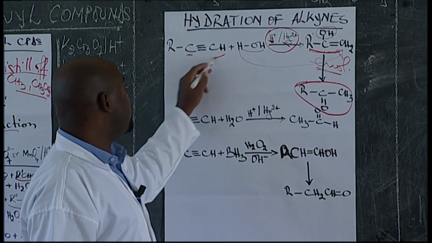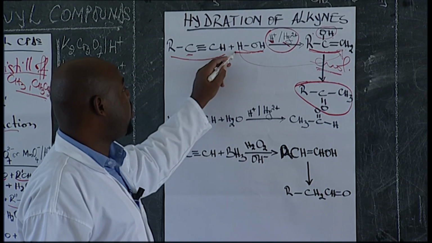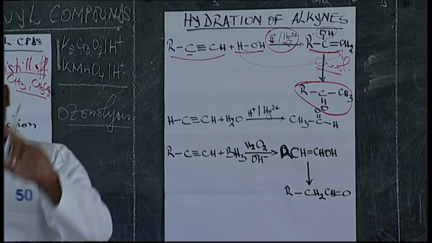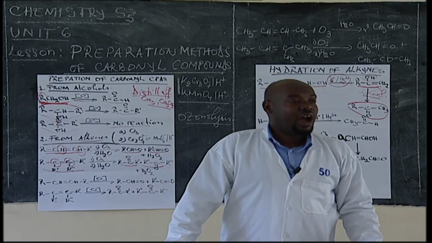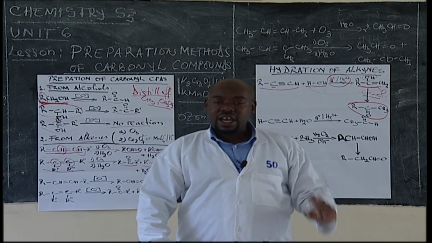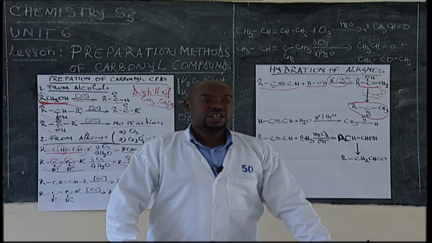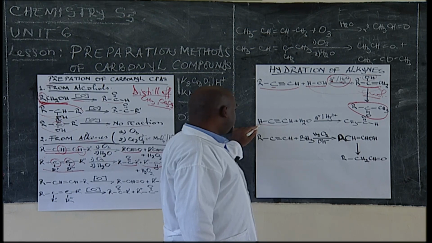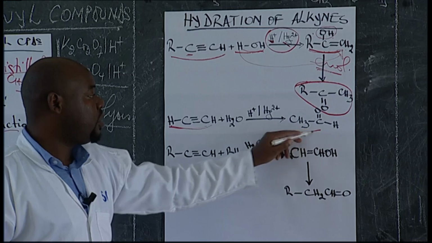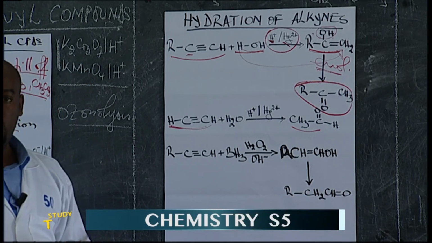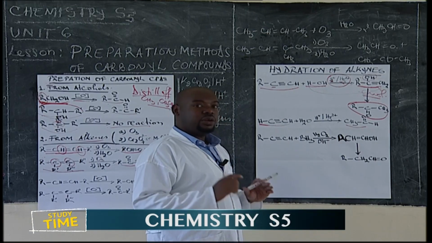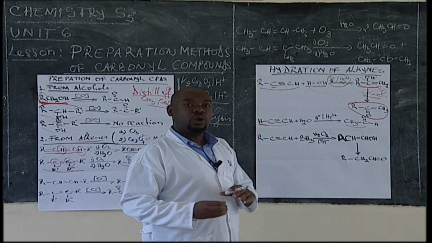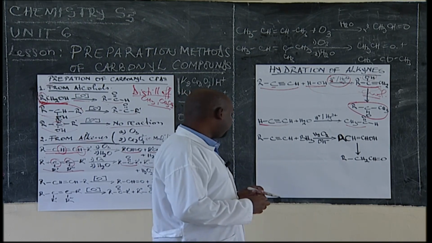So when we use an alkyne and react it with water, we produce ketones. The only alkyne which produces an aldehyde is ethyne. Ethyne is the one with 2 carbon atoms. So when we use it, we produce ethanal. It is the only alkyne which can produce an aldehyde. All others will always produce ketones.